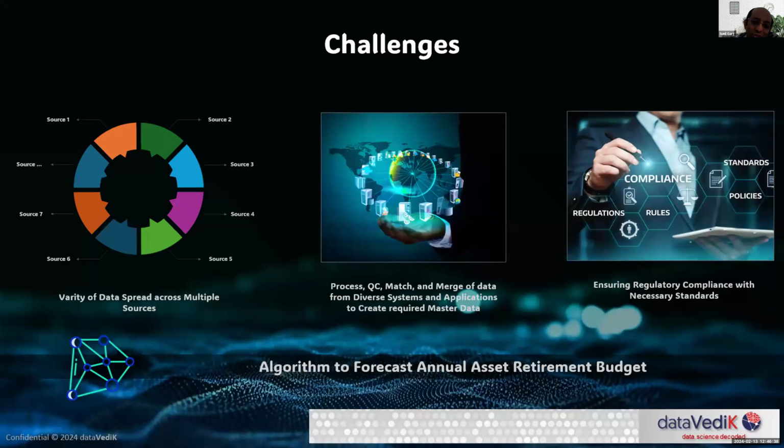third-party tools and solutions. So one of the primary challenges is to bring all this data together, process the data, QC the data, merge it all together, and come up with some sort of master data and transactional data, based on which we can then develop and run the algorithm which will forecast that annual asset retirement budget.